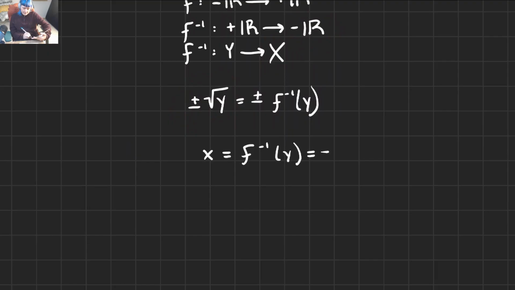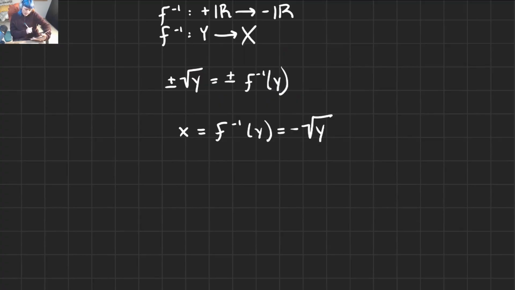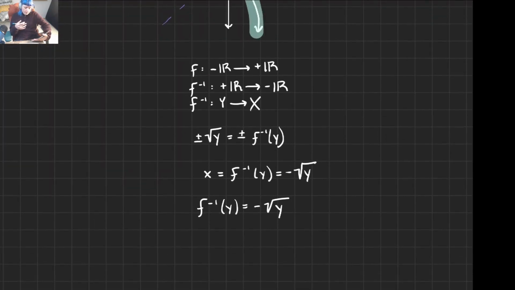So we need this to be the negative square root of y. Okay, so then we found the inverse. It's f inverse of y is equal to the negative square root of y. And we should be able to verify that this works.